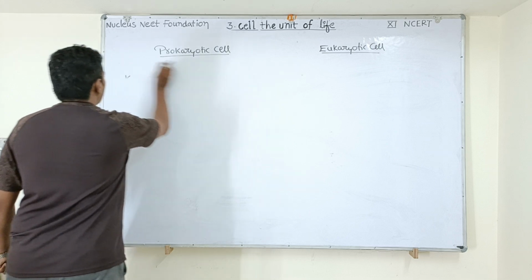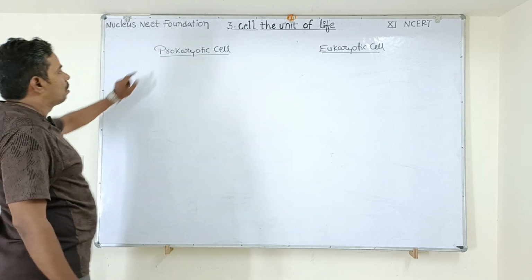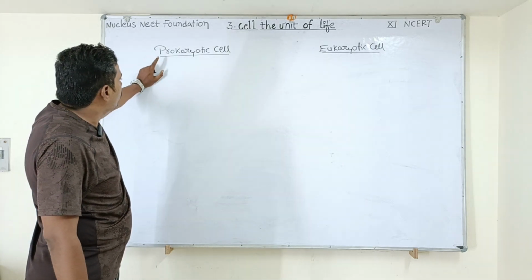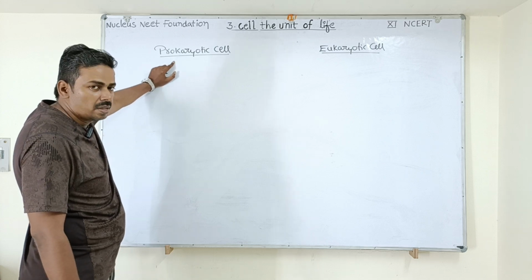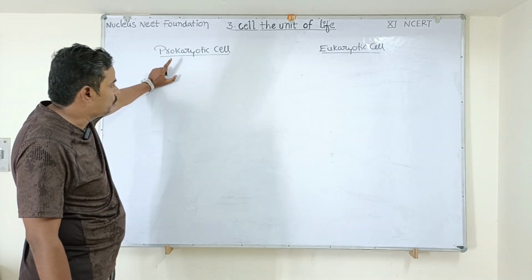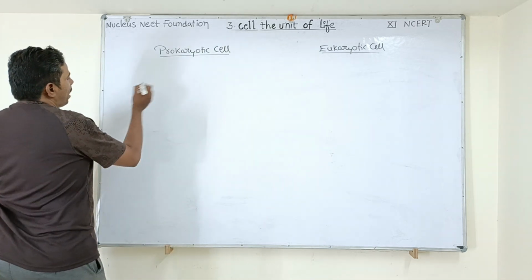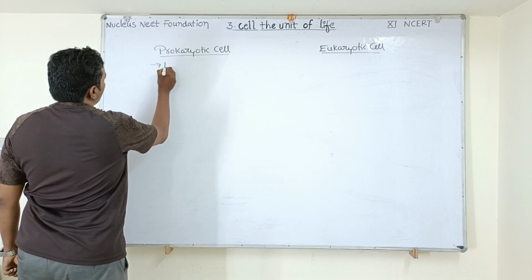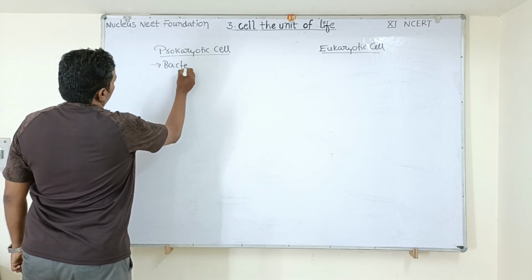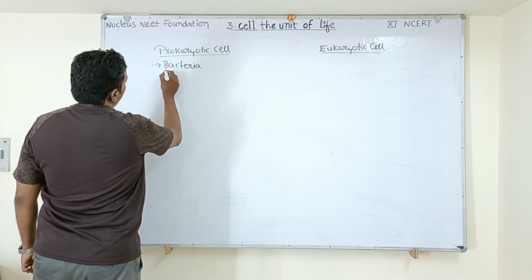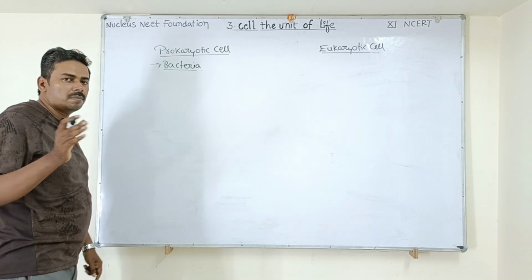Now let us discuss prokaryotic cell. Pro means primitive, karyon means nucleus, a primitive nucleus. Okay, so prokaryotic cells are found in bacteria. The prokaryotic cells are found in bacteria which belong to kingdom Monera.